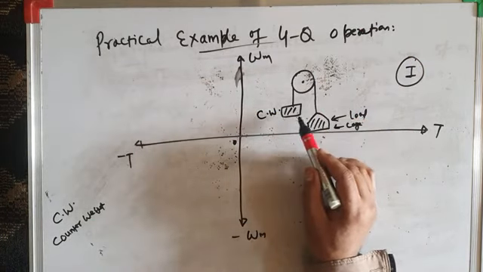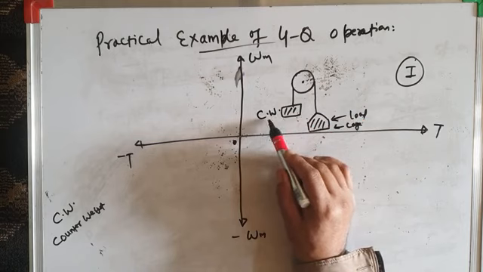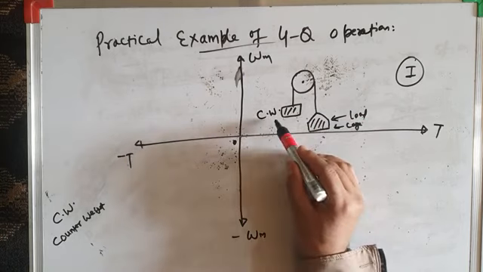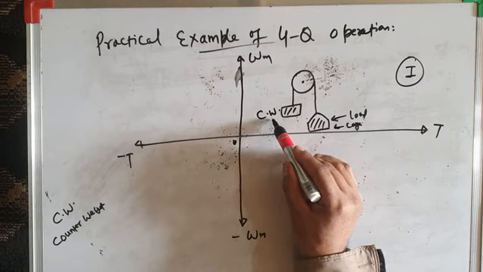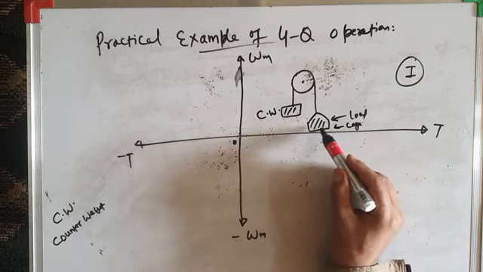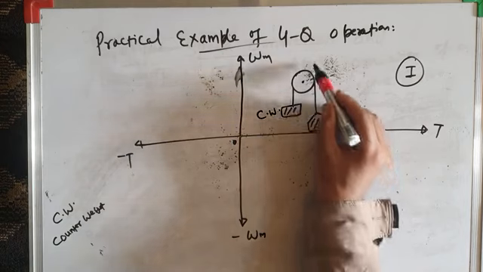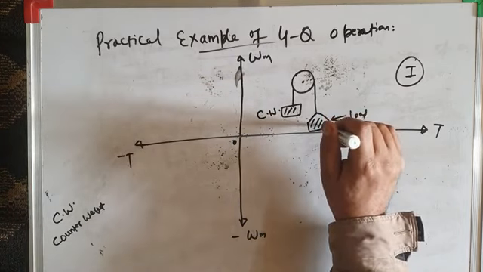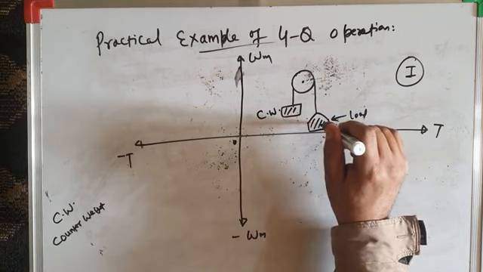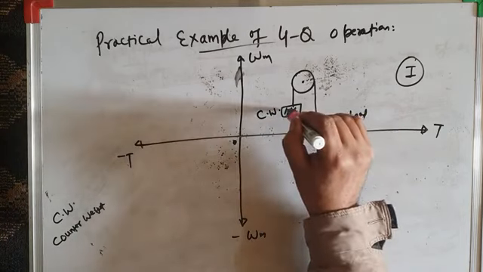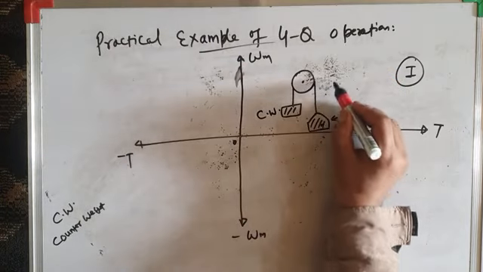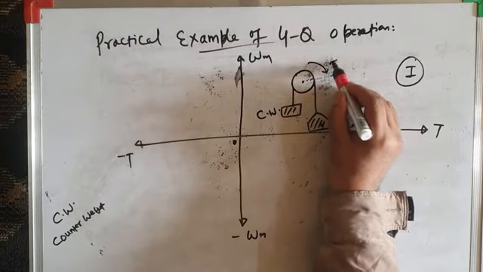On the other side of the hoist, we have the counterweight. The weight of the load in the cage is more than the weight of the counterweight. So obviously this weight will not rise. It will not move upwards, because the weight of the load in the cage is greater than the weight of the counterweight. So obviously the load torque will be like this.